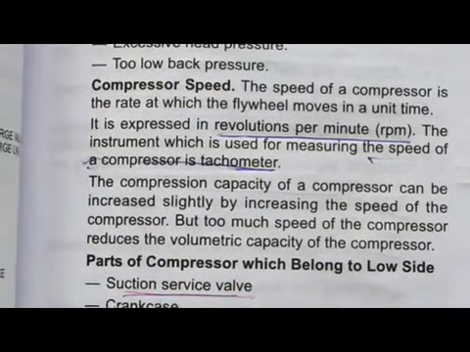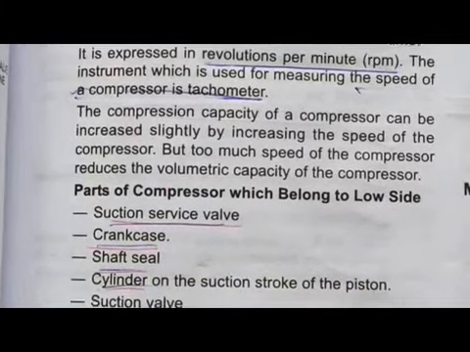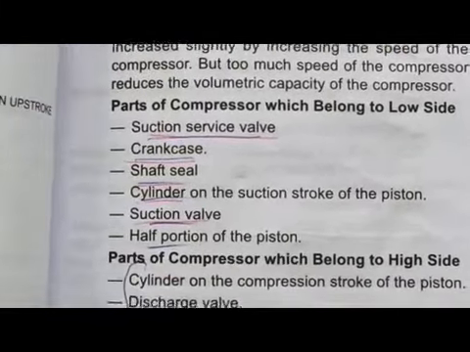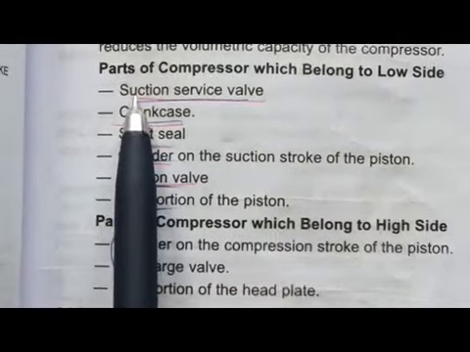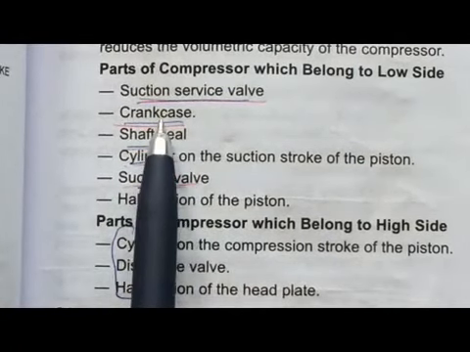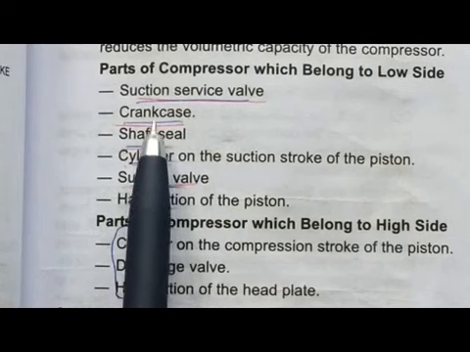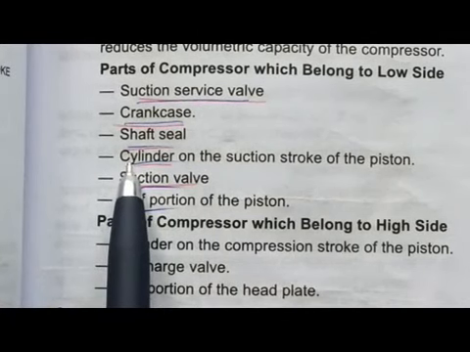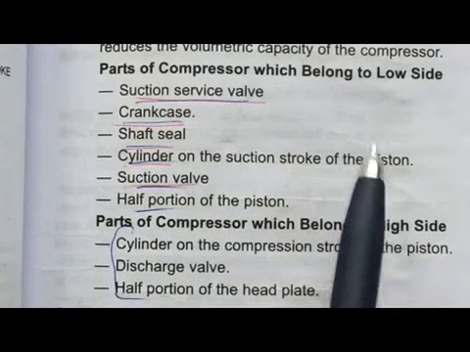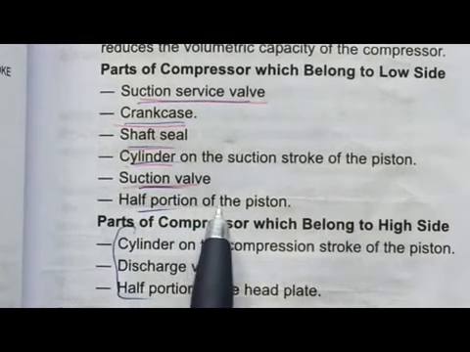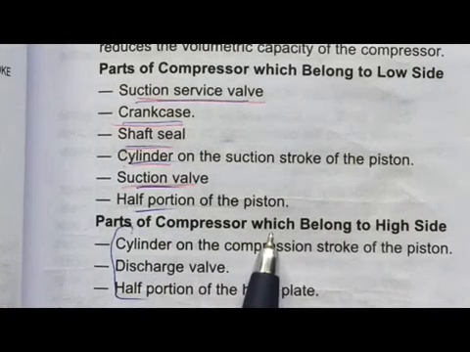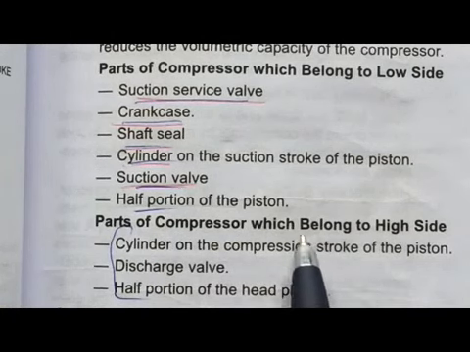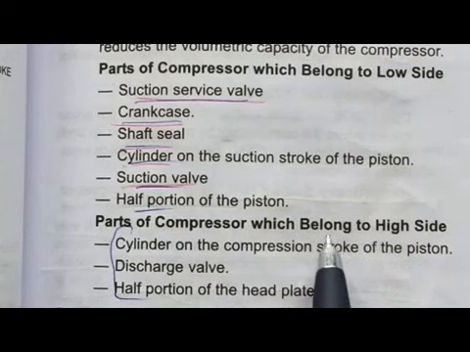There are different parts which belong to the low side or low pressure side of the compressor: the suction service valve, the crankcase, the cylinder on the suction stroke of the piston, the suction valve, and half portion of the piston. And now the parts of the compressor which belong to the high side, meaning in these parts the pressure will be high.